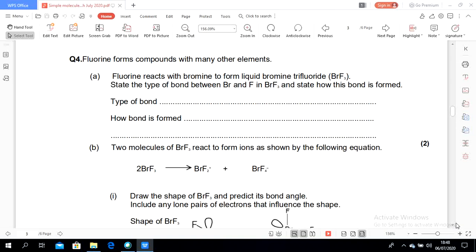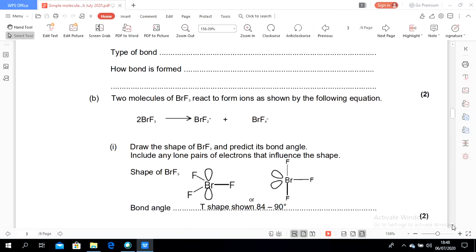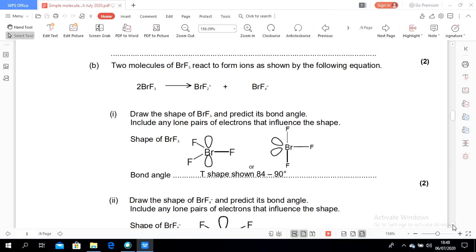And then two molecules of BrF3 react to form ions as shown in the following equation. Draw the shape. So BrF3, this one like this. Why is it like this? Because around Br there are 7 electrons. 3 electrons are occupied by fluorine, so the remaining 4 electrons are free. 4 free electrons become 2 lone pairs.